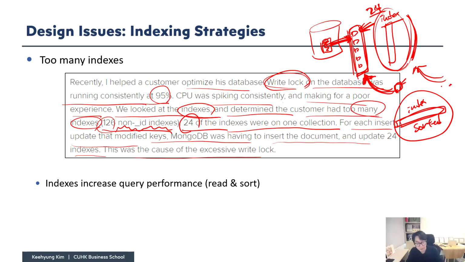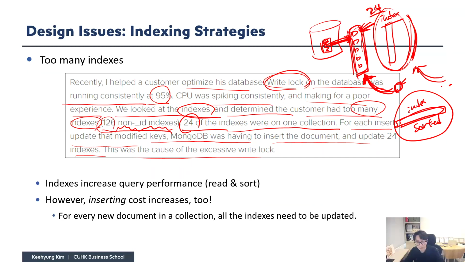So when you create too many indexes on one collection or one table, you have to think that whenever there is an update, all these indexes also need to be updated. And that will make the process slower if you are expecting a certain amount of updates in your system. Indexes definitely increase the query performance for read operations and sorting operations. When you retrieve data from the collection or table, if you utilize an index, it will increase performance.